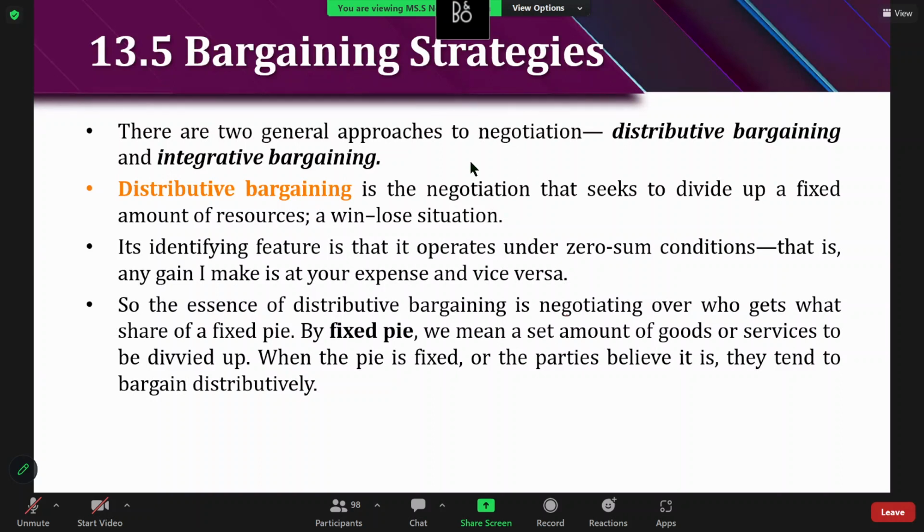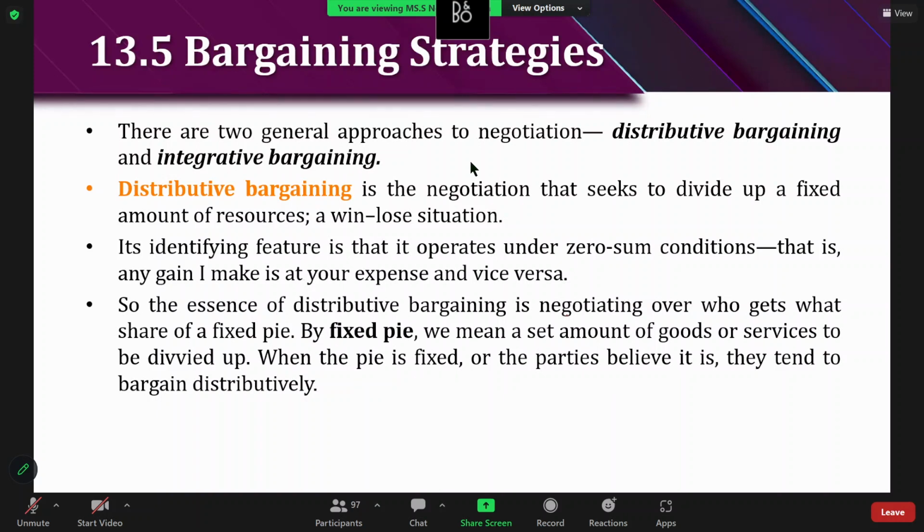If some party gets something, the other party is giving up that amount to the other party. If the second party gets that particular portion, then the first party is giving up that part. So here it will lead to a win-lose situation.